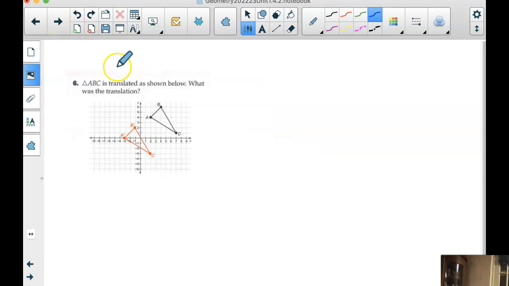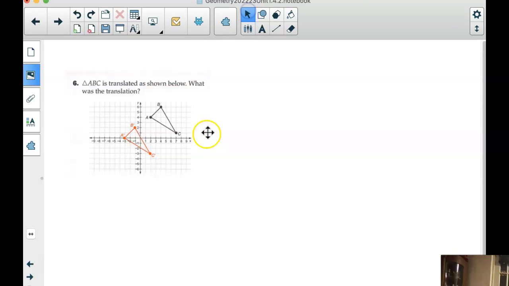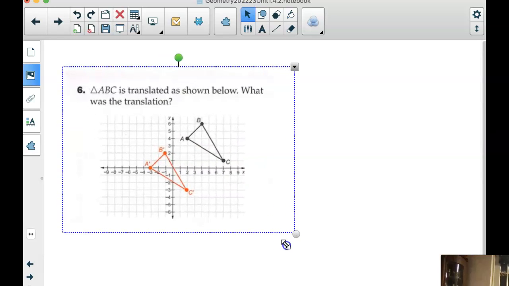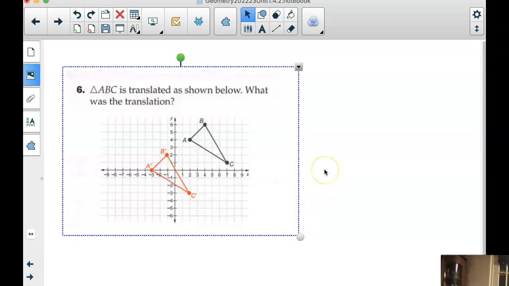All right, here's number 6. Triangle ABC is translated as shown. What was the translation? Now, if you notice, the orange one is the translation, because the orange one has the primes. I'm going to make it a little bit bigger. We can totally count this out.